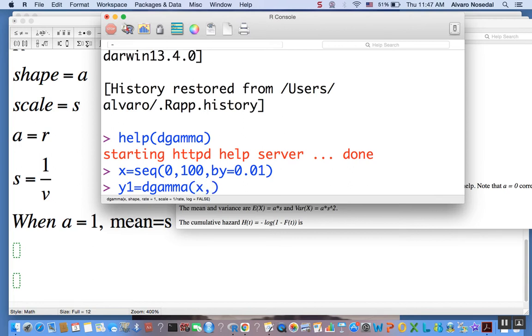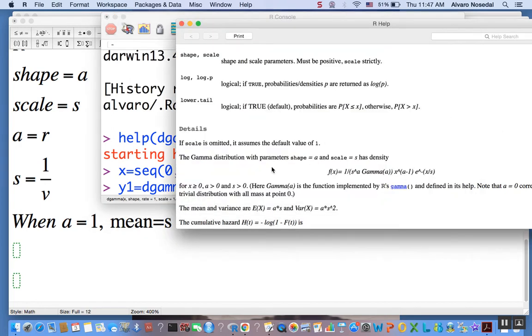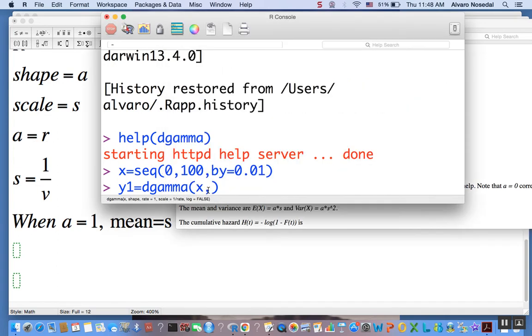Remember that their a and our r are the same, so the shape will be 1, and we want to see what happens when scale equals 1, which is equivalent to v equal to 1 as well.